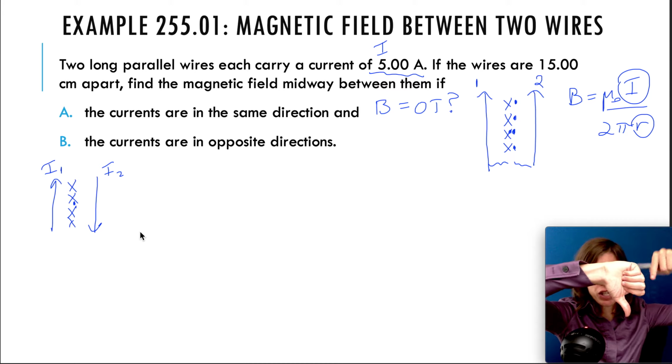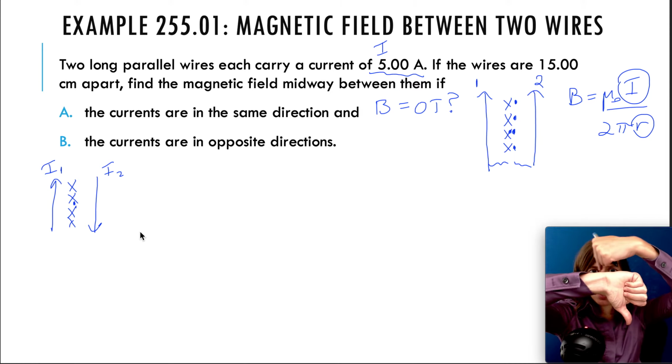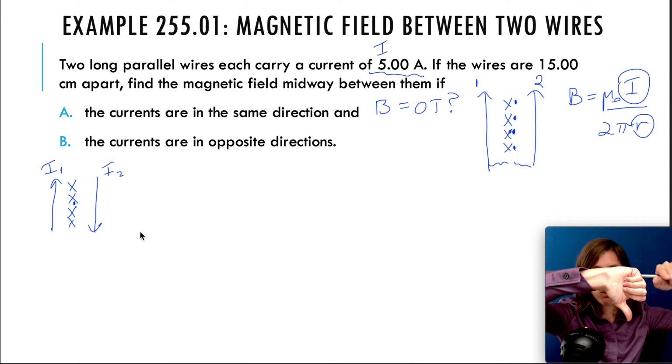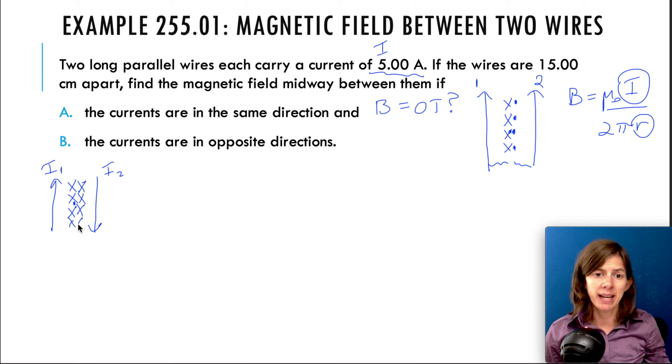So if you stop when you're to the left, you're going into the page, right? If you're going to the right of the wire, coming out of the page, but as you're looping to the left of the wire, you're going into the page. So wire 2 is also providing a magnetic field into the page at that halfway point.